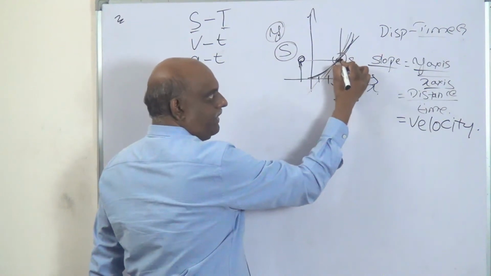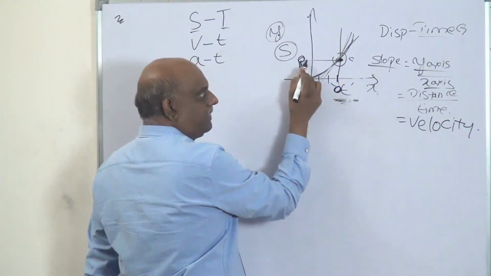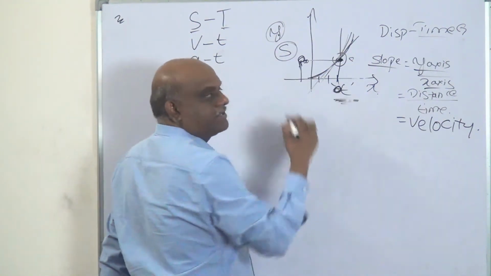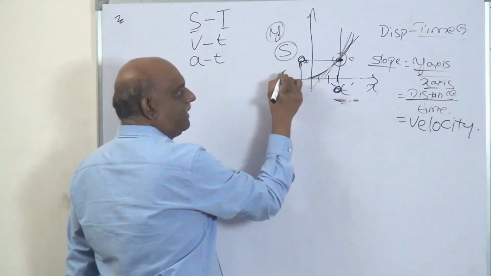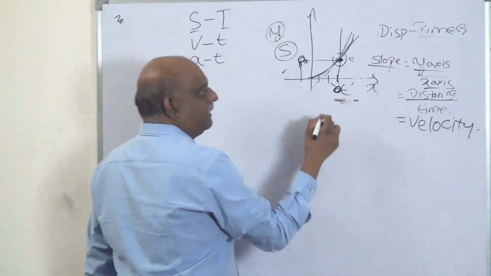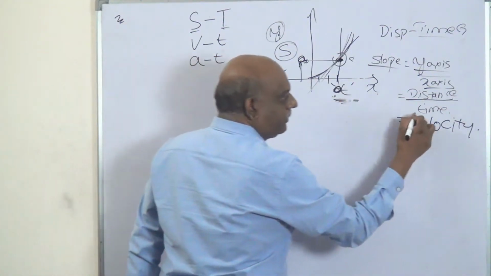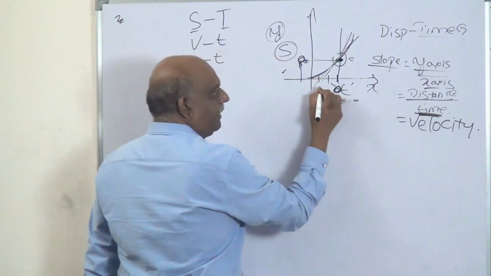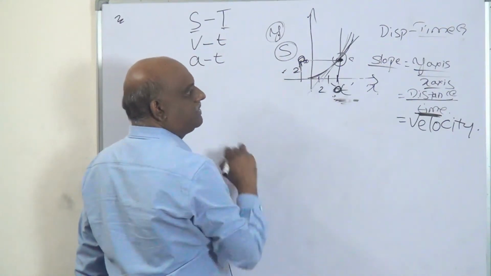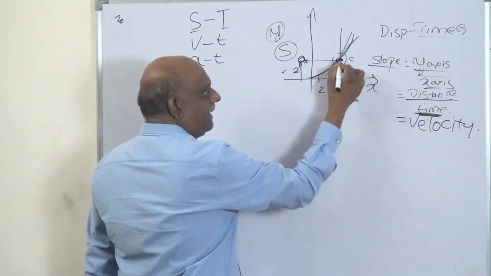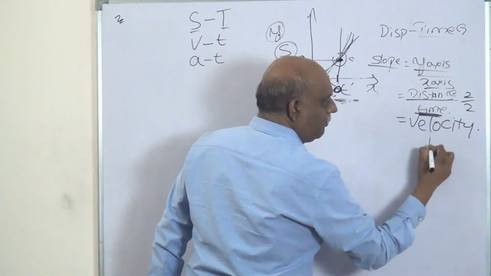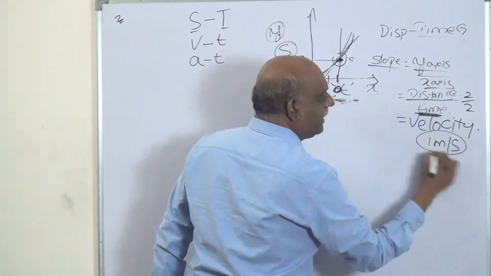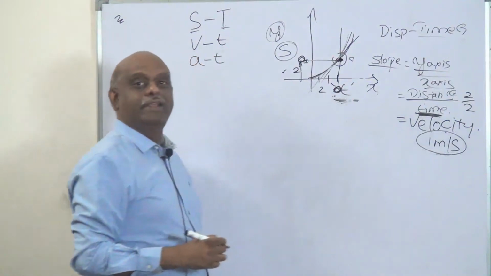What is the value on the y-axis for this point? For every point, there are two coordinates. One is y-coordinate, other is x-coordinate. So, the y-coordinate will give you the displacement and the x-coordinate will give you the time. So, if this is 2 seconds, if this is 2 meters, then 2 divided by 2 becomes 1 meter per second, which is the velocity.